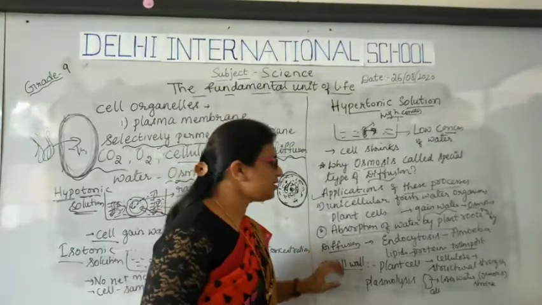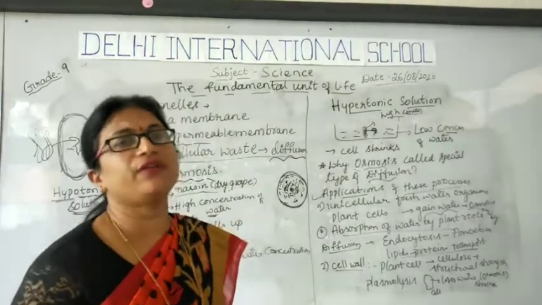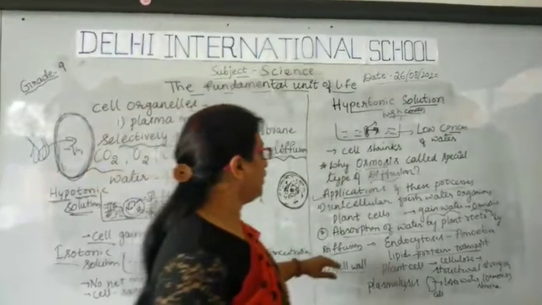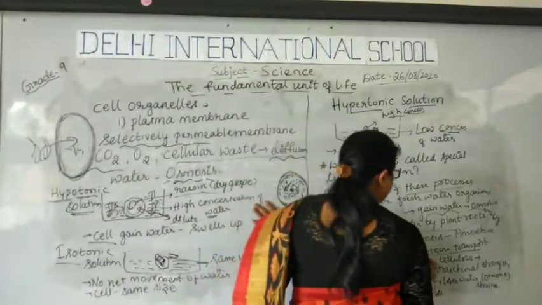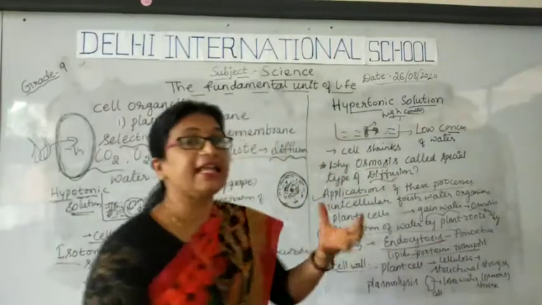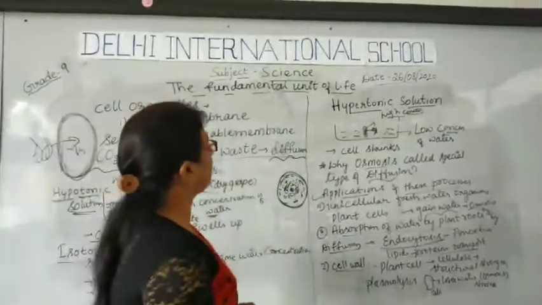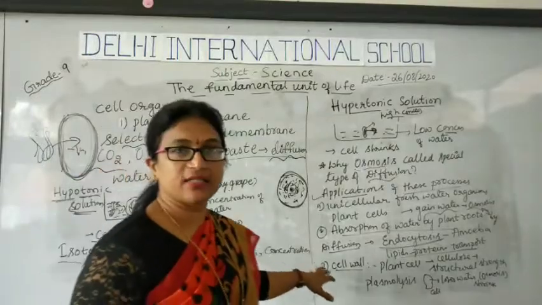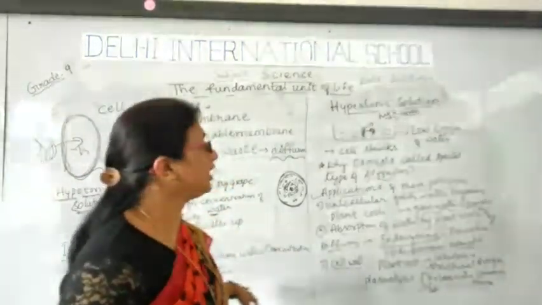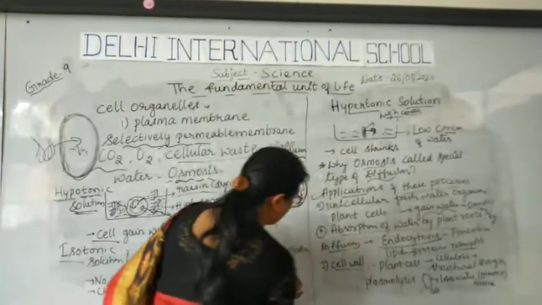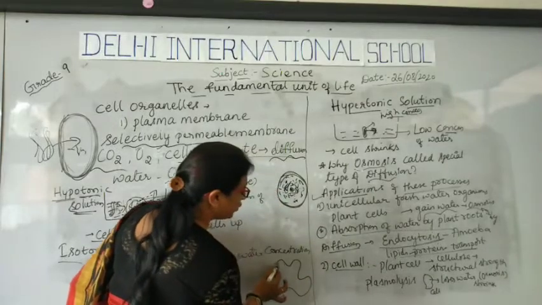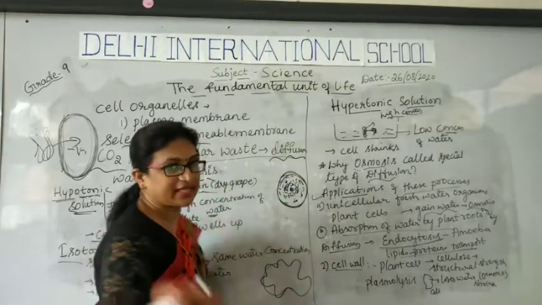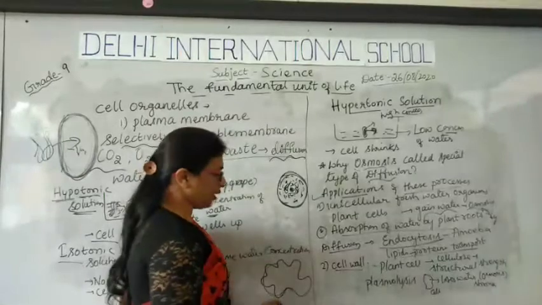So, next, what is the advantage or application of diffusion? We know endocytosis, that is engulfment of the food. In the 7th standard, you have studied how the amoeba takes food. Amoeba is a shapeless organism with a pseudopodium.